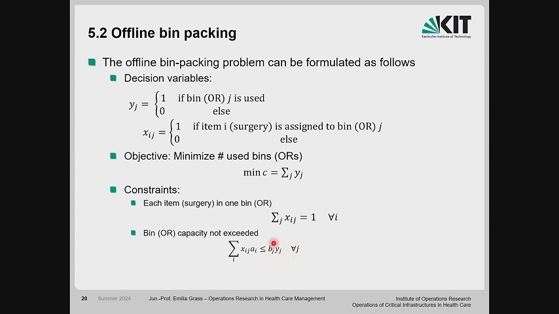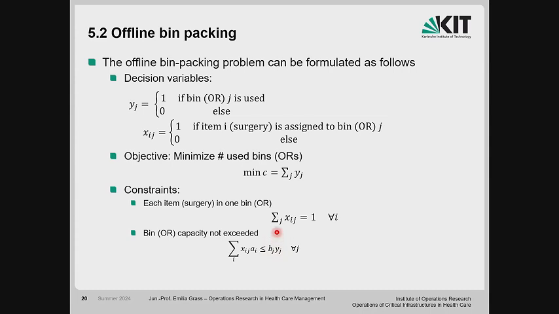So if we don't open operating room j, so y is 0, then of course we cannot assign anything. If the right hand side is 0, we cannot assign anything on the left hand side, and this is also 0. If y is 1, the room is open, then it has some capacity, let's say 8 hours of operating time.